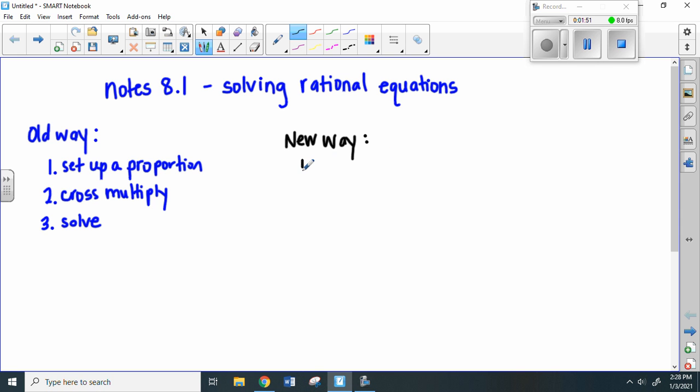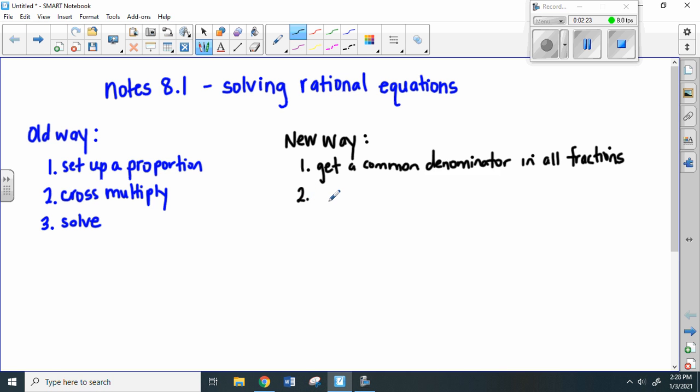And so the first step in the new way is to get a common denominator in all fractions, because you may end up having more than one on each side. So that's why I'm saying the new way is going to be easier when you get to the more complicated ones. So get a common denominator in all the fractions.